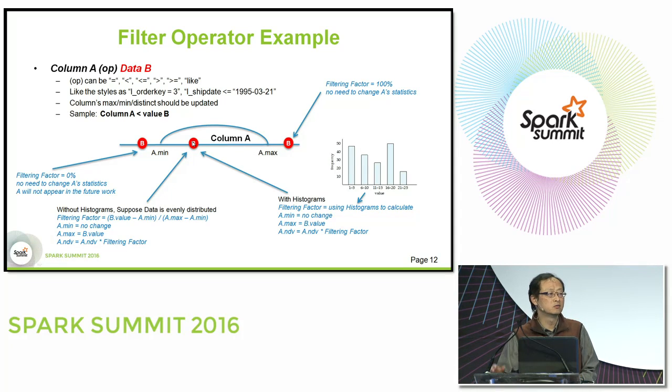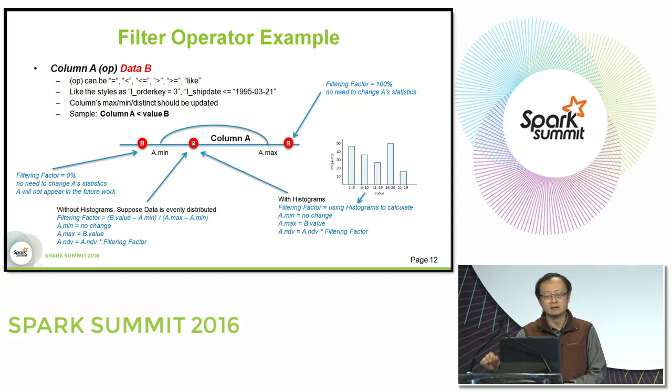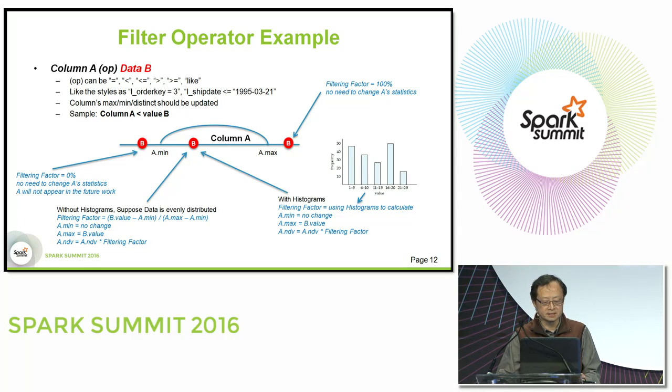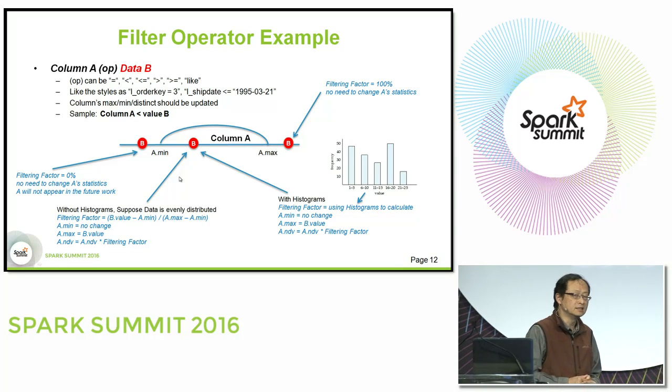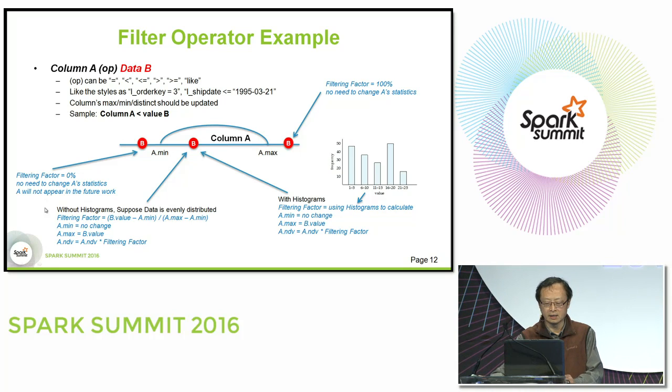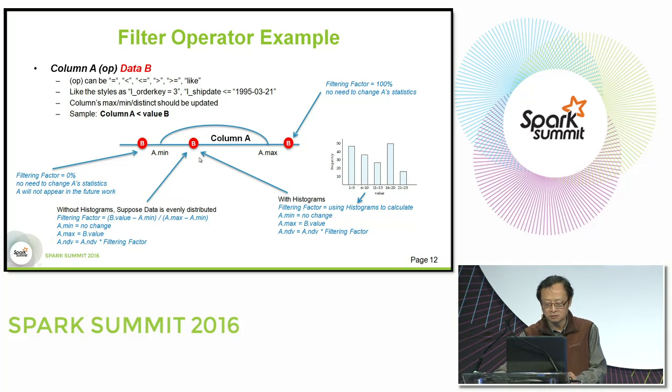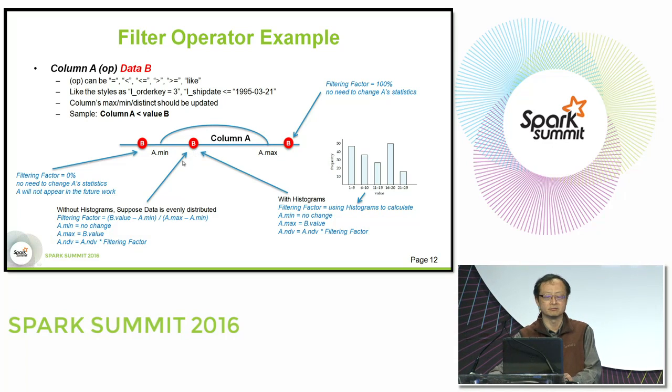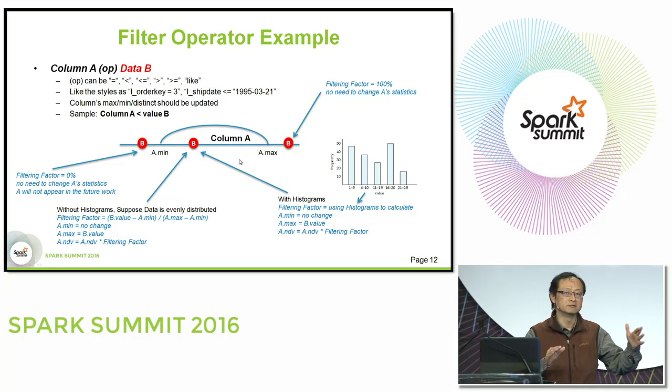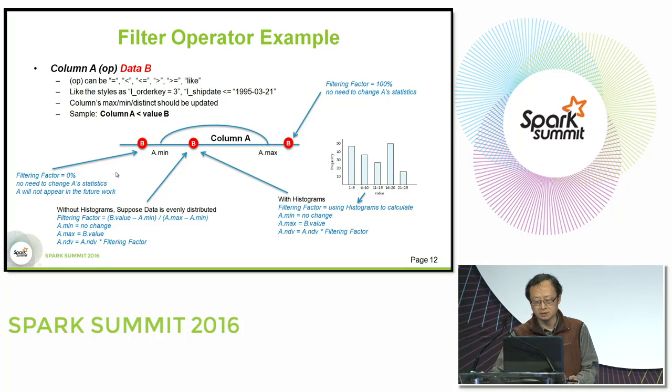But if B falls between column A's minimum value and the maximum value, then it depends whether or not we have histogram information. Without histogram information, we have to assume an even distribution between the minimum value and the maximum value. Then we just compute the proration to decide its filtering factor.